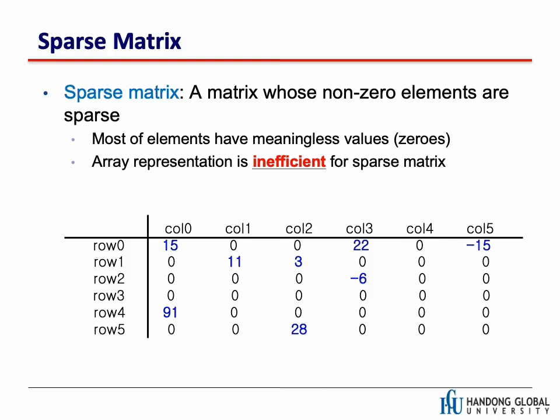Then think about these situations. How many movies do we have in the system? Like 1 million? Then how many users actually leave some reviews? In my case, I left a couple of review scores, like 5 or 10. Other than that, I have 0 score for other movies.